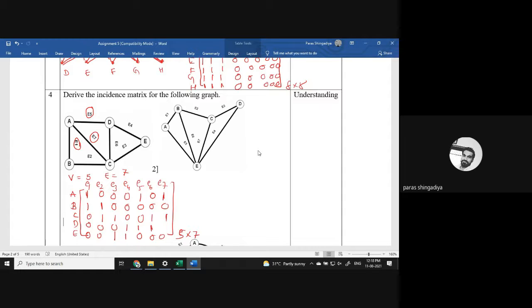D किसके साथ connected है, E4, E5, E6, yeah, only 3 edges are there. Okay, so that will be 0. So is there any confusion, any query? We will evaluate the answer.